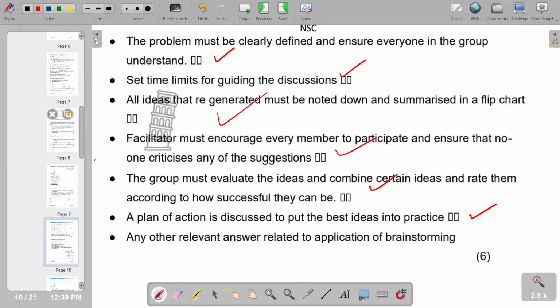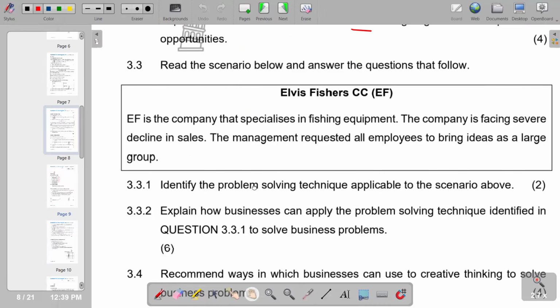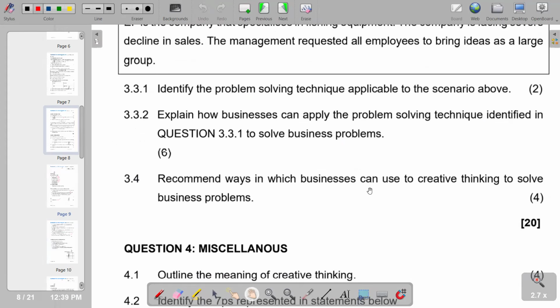Then we move on to the next question, which is now 3.4. 3.4 is recommend ways in which businesses can use creative thinking to solve business problems.